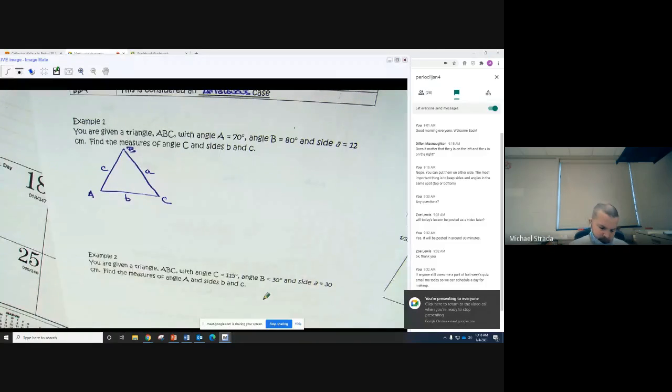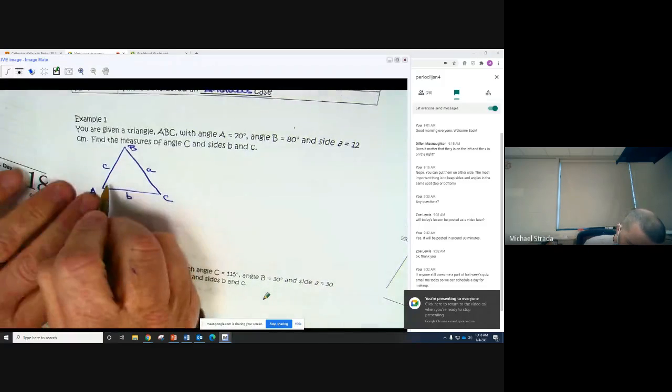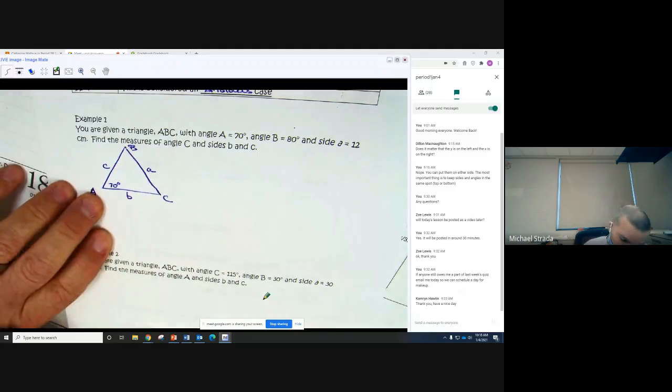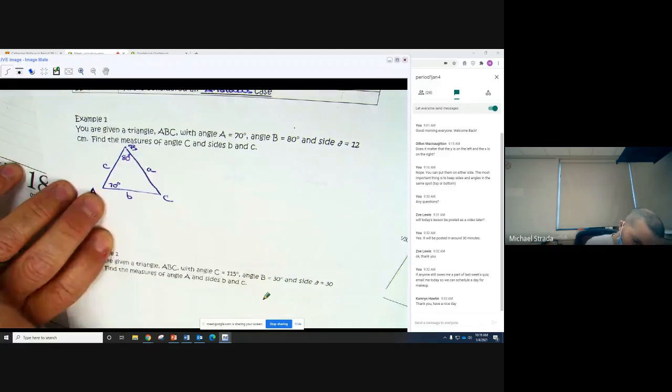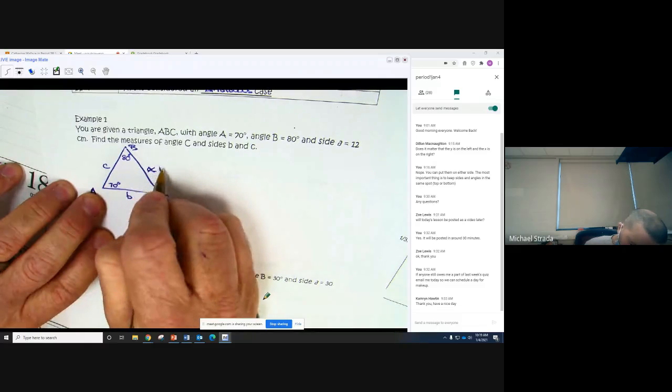Okay, so they tell us capital A is 70 degrees, so we fill that in there. Angle B is 80 degrees, and side A is 12.